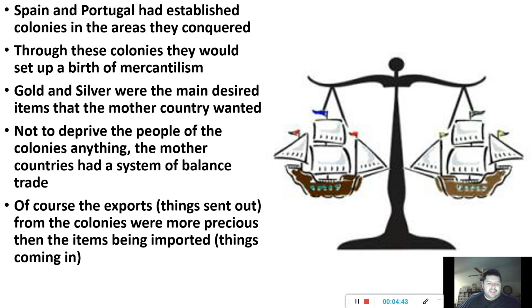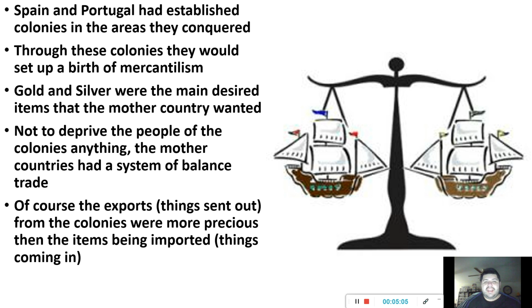So remember this: exports are things going out. Think of export like exit. When you exit a room or a building, you're leaving. Same thing with exports: it's leaving the country. And imports means it's coming in.